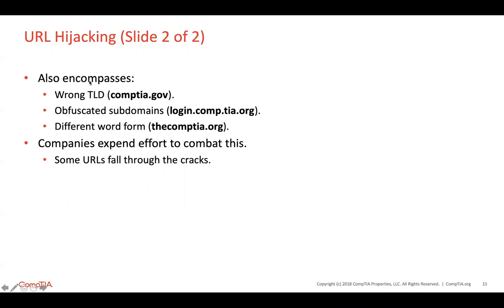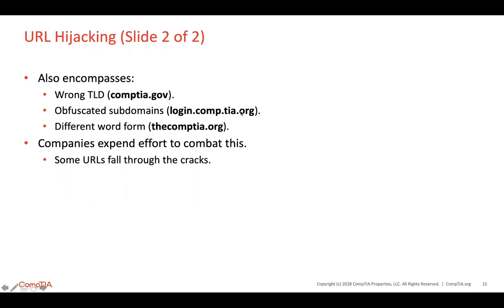It also encompasses wrong top-level domains, so CompTIA.gov. The .gov is usually reserved for governments, so you can change that, or you can use CompTIA.net. They might not own the CompTIA.net domain name. You can also obfuscate the domains and subdomains. Right here, they took CompTIA and divided it.